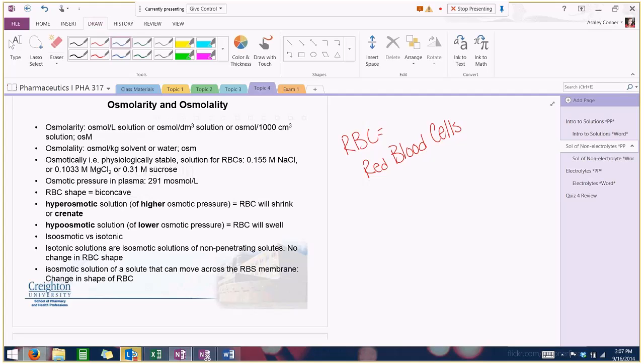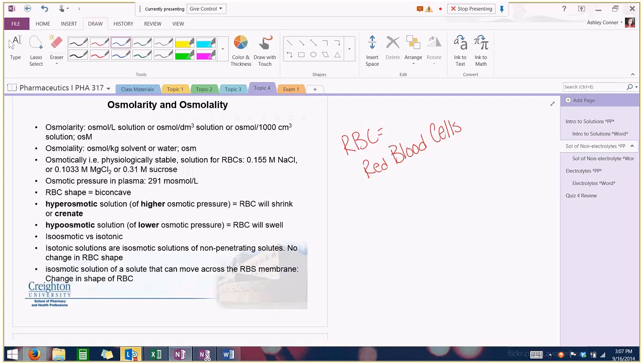When you're referring to isoosmotic, osmotic refers to water only. So when you're talking about an isoosmotic solution, that means the concentration of water in the blood cell and the concentration of water in the surroundings is the same. Isoosmotic does not refer to ions or anything else like that.